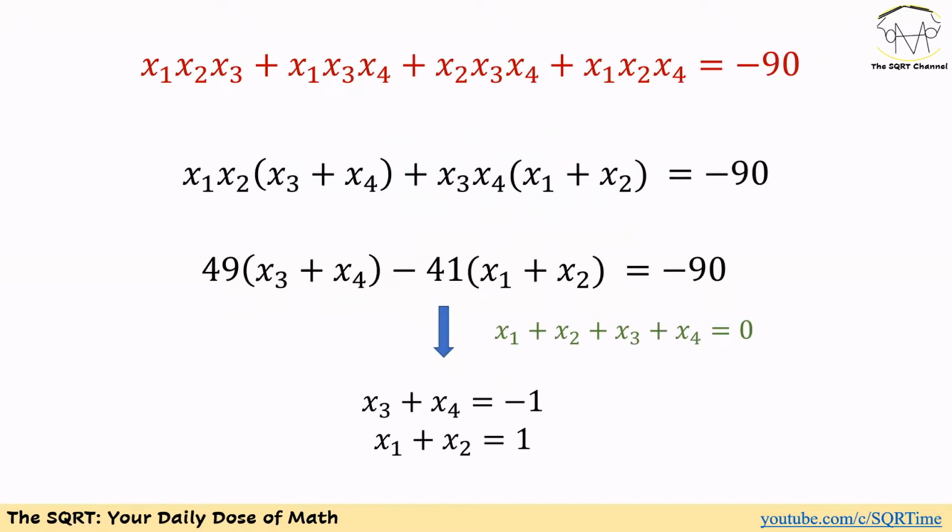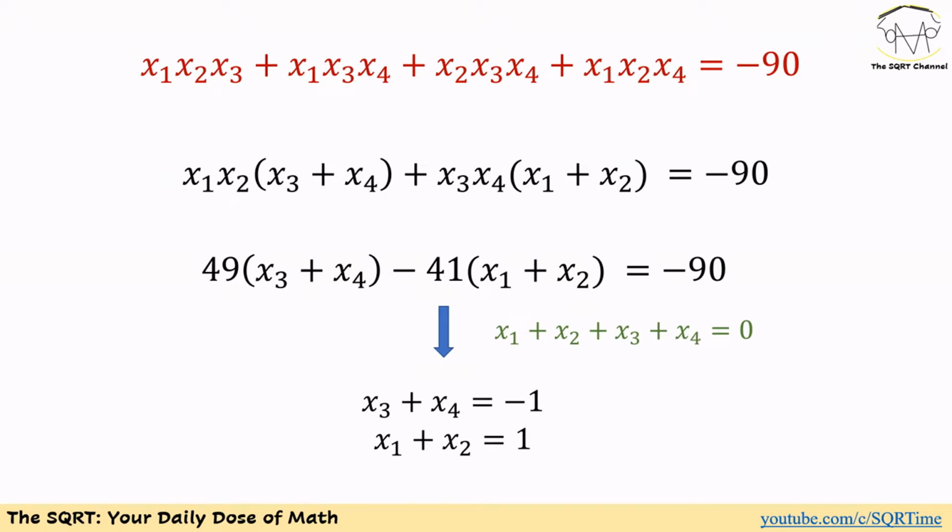Based on that, we are going to use the other equation that we had for the sum of products of each three roots. We are going to start with factoring out x1, x2 and write it as x1, x2 times x3 plus x4 plus x3, x4 times x1 plus x2 is equal to negative 90.